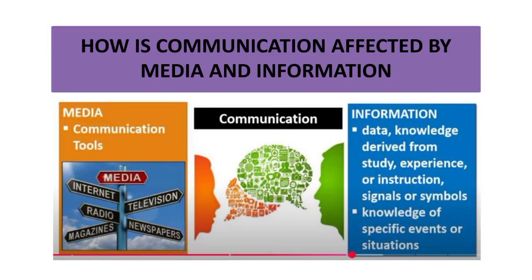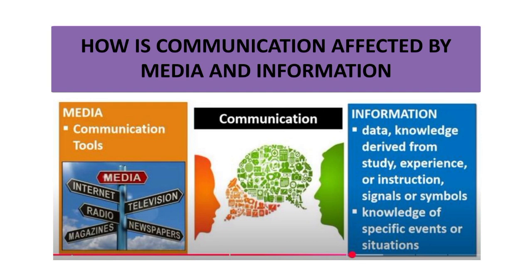How is communication affected by media and information? In communication, it is in the center, where it is affected by the two, which are media and information. In media, we have communication tools, which are the internet, radio, magazines, television, and newspapers. Then the information is the data, knowledge derived from study, experience, or instruction, signals or symbols, knowledge of specific events or situations.